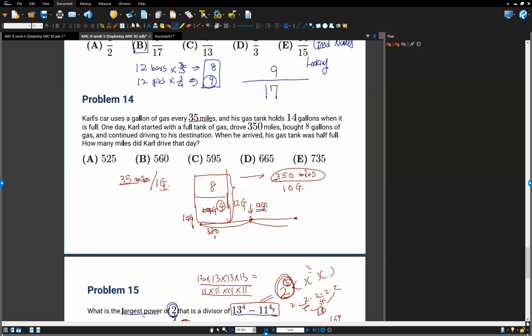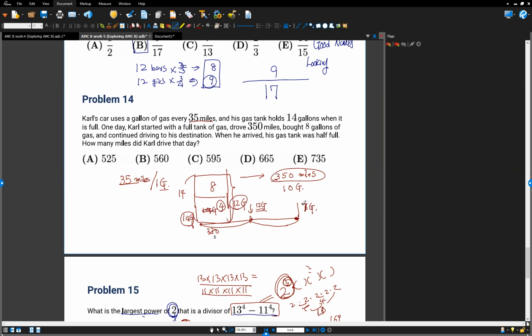Now we got to 12 gallons. After arriving at some destination, he had only half full. Half full is what? 14 is full, half full is 7 gallons left. Okay, 7 gallons in his tank.